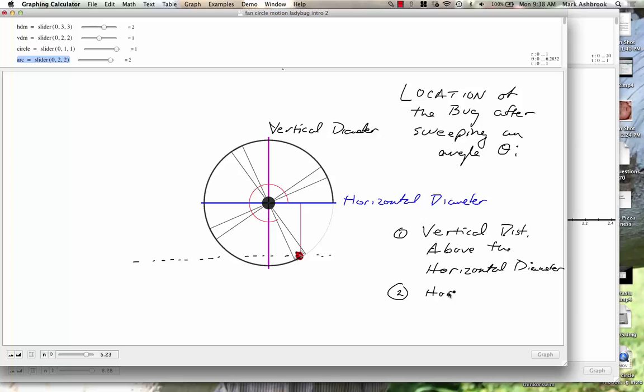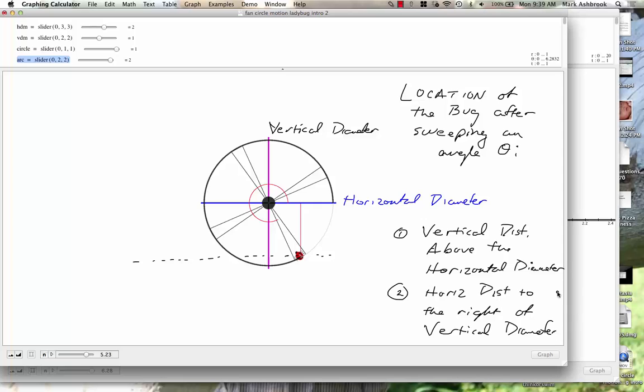Okay, so we've got to be specific, because just like we said above, above is positive, below is negative. So we're going to say the horizontal distance to the right of the vertical diameter.